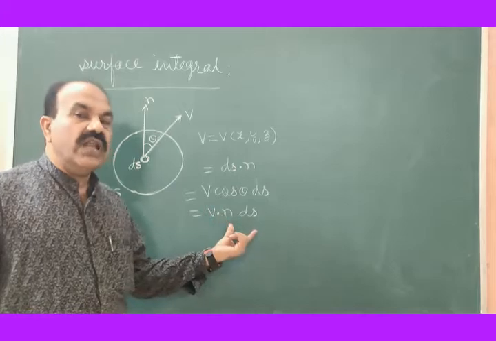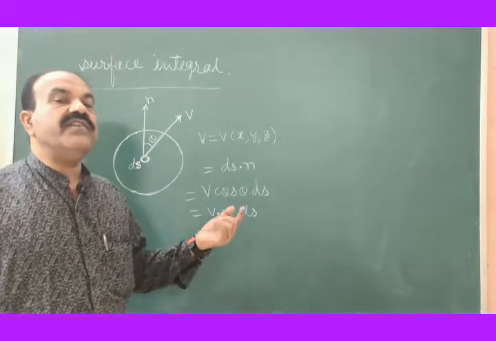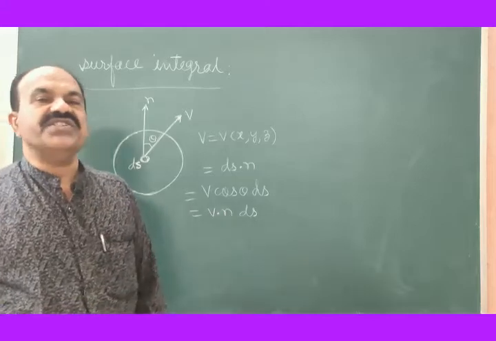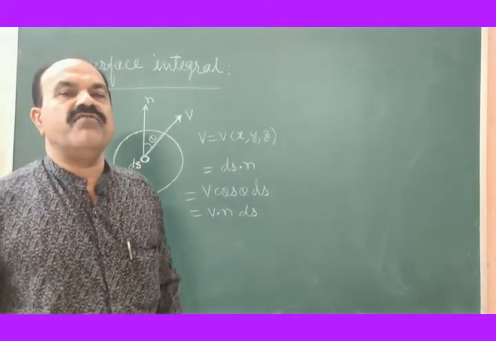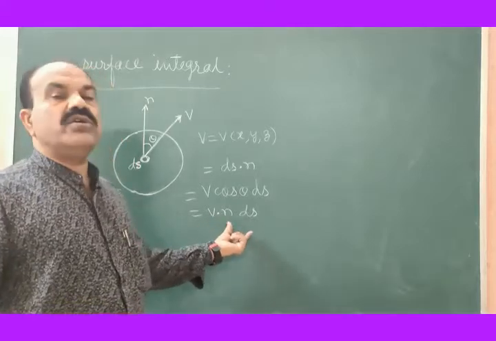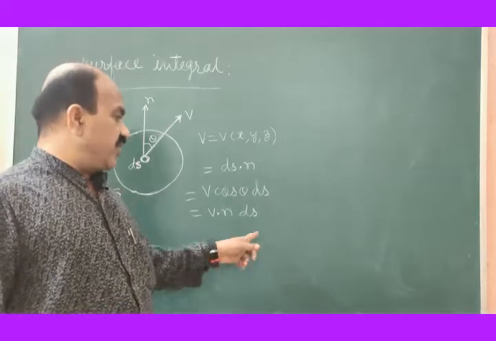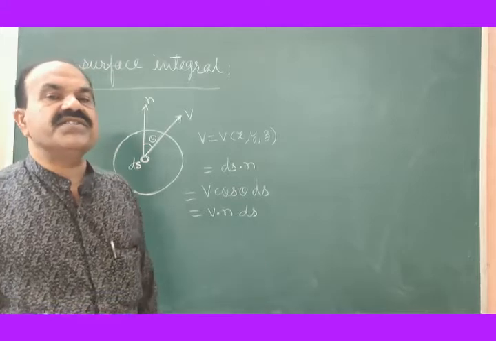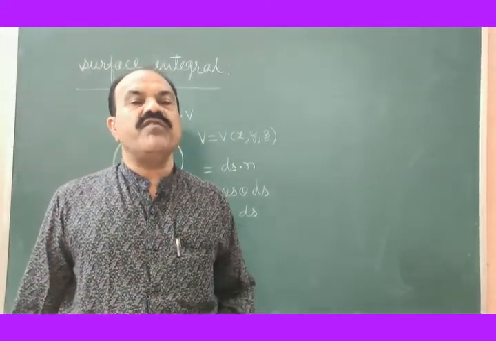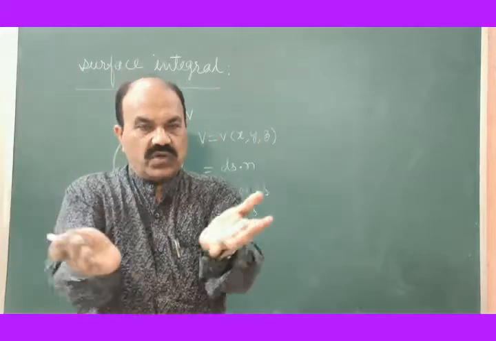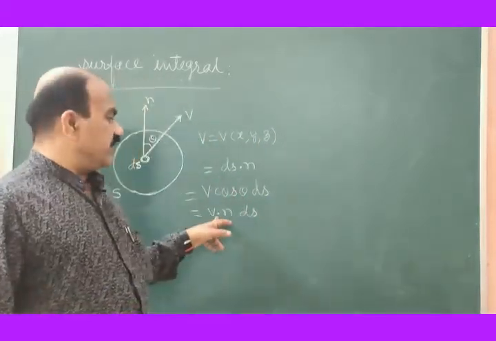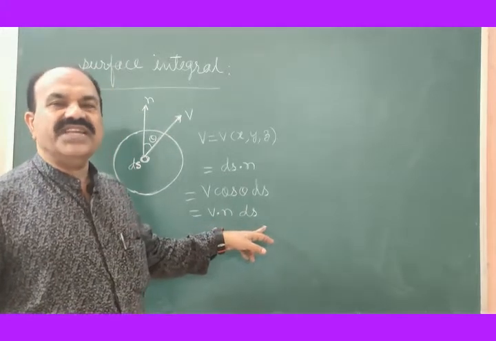This gives the value of the vector point function over the surface ds in the given vector field. If this is the amount of vector point function over area ds, what will be the total value of the vector point function over the whole closed surface area? We have to sum this for all ds.